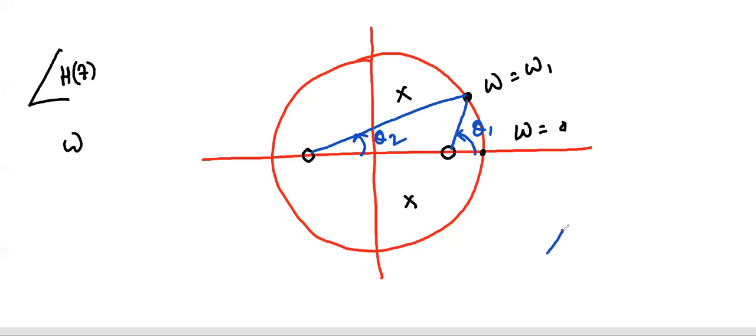So whenever we are finding the phase for omega 1, it is theta 1 plus theta 2, and then we need to subtract the other part. Theta 1 plus theta 2 can be found very easily.